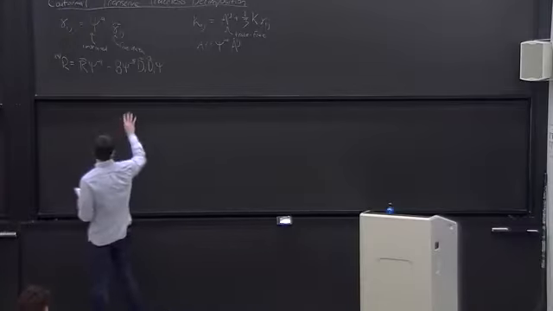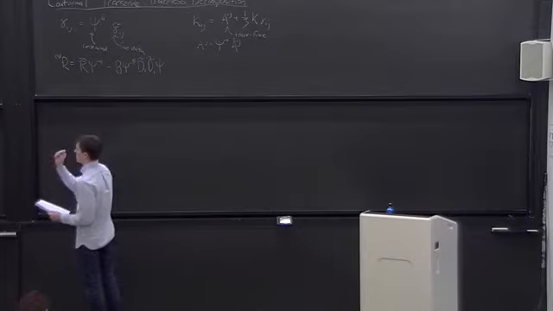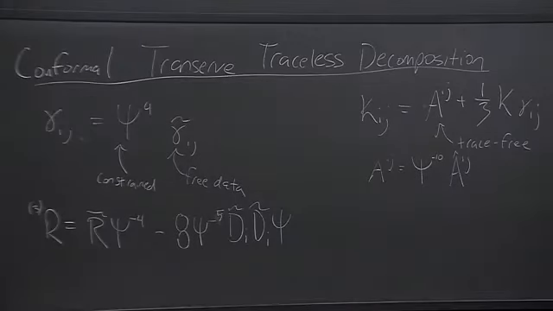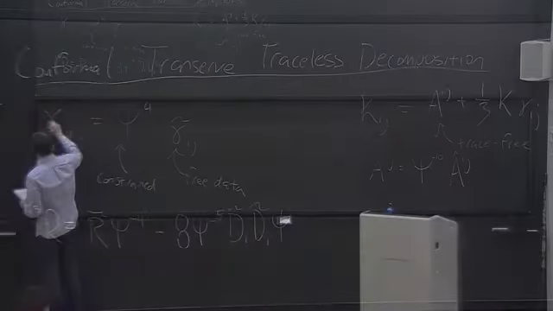Using these new variables, we'll plug those into the Hamiltonian constraint we have up at the top there, and we get the following.